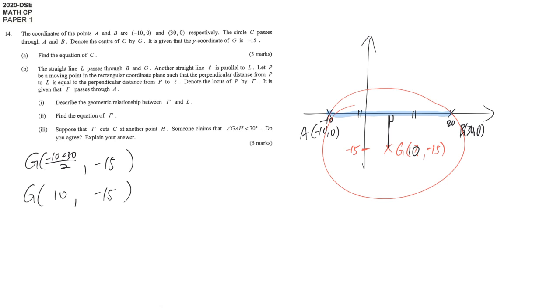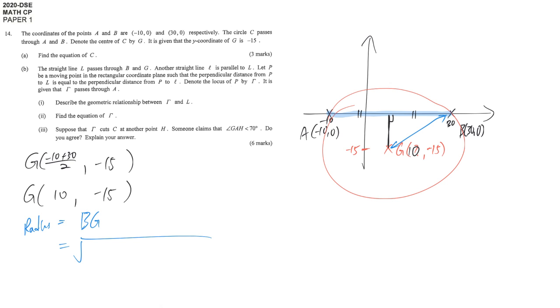After that, we need to find out the radius. Then we may just simply use the distance formula to get BG. Radius is equal to BG by the distance formula.